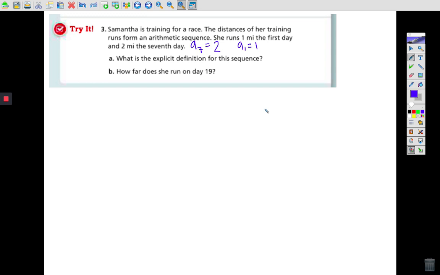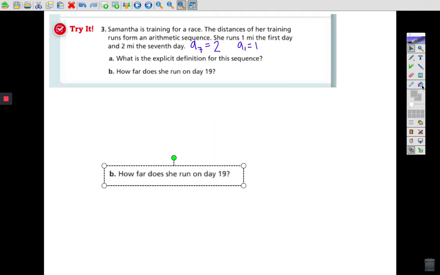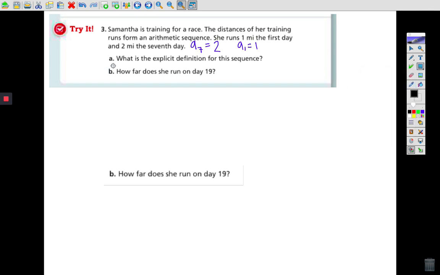So what we have to do first is we have to plug in, excuse me. Hold on. I'm trying to make it where I can write under this. That way it's a little bit easier for us to kind of look at together.